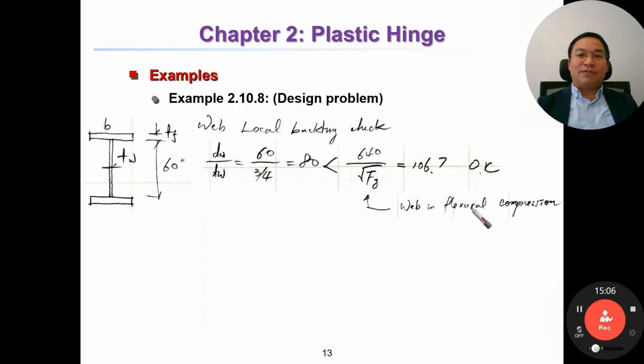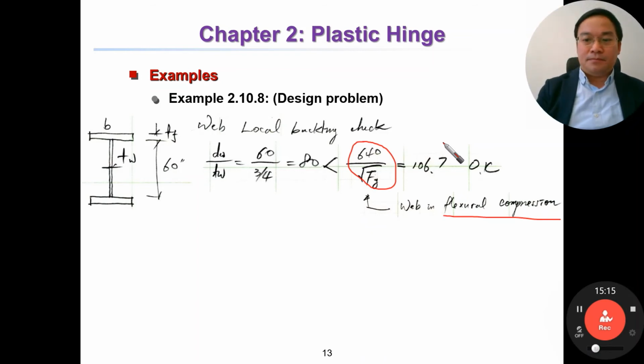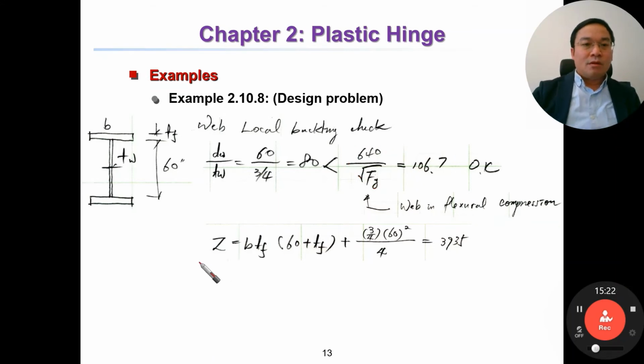Okay, this is web in flat compression in table 2.1. And the requirement of plastic section modulus Z should be equal to this one.